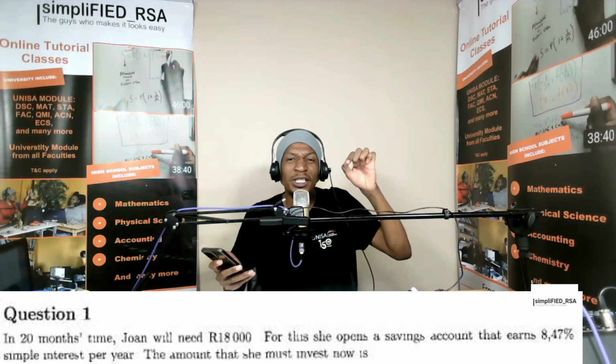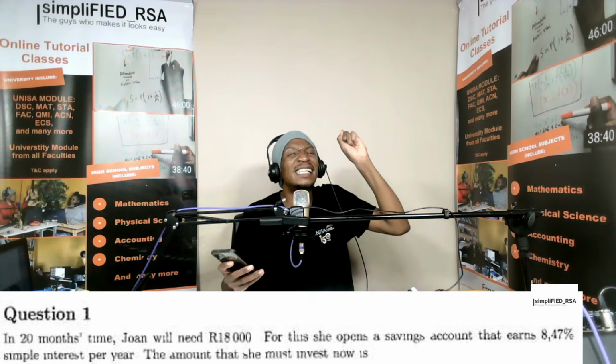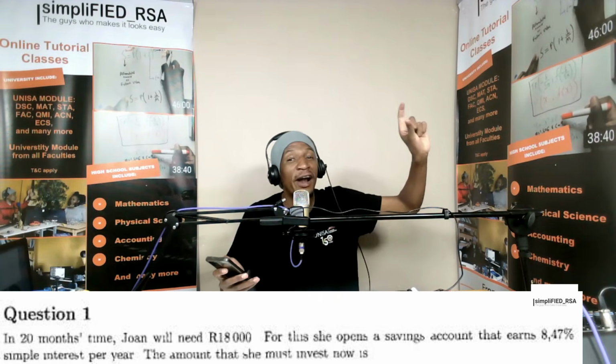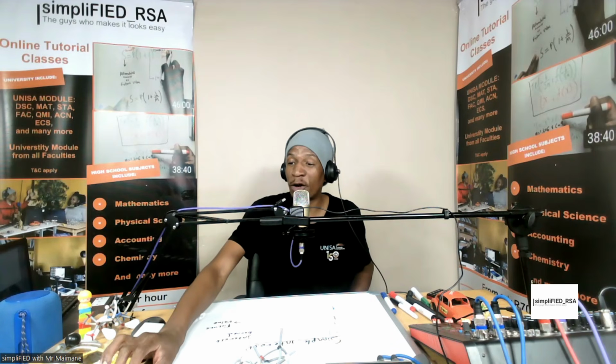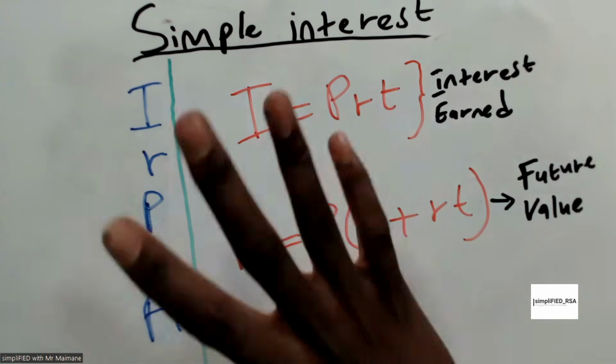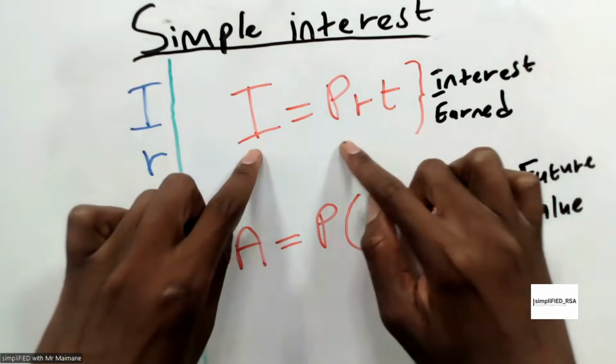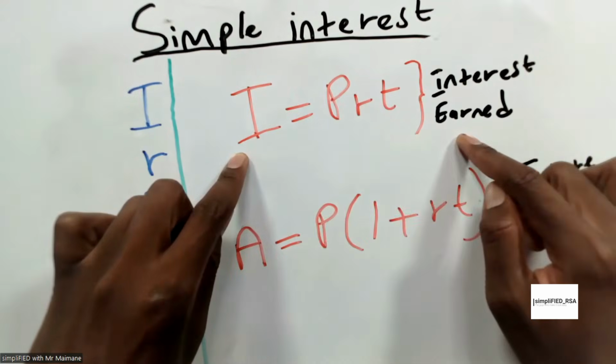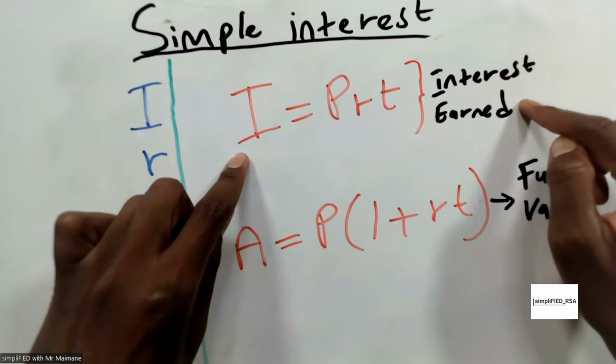Because in this question the word simple interest has been mentioned in the paragraph, I can now decide which equation to use. I said we use one equation when calculating the interest earned on an investment.